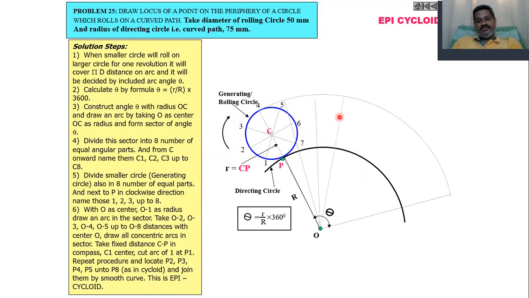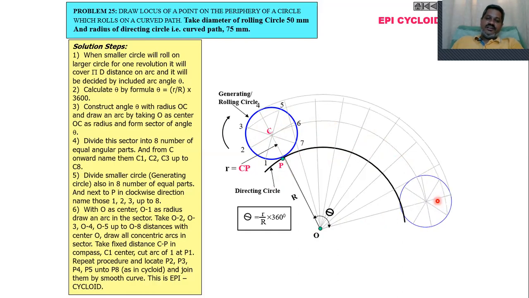After dividing the sector into 8 equal divisions like this, draw the concentric circles from the divided points on the generating or rolling circle. First, draw the concentric arc, that is, the arc concentric to the directing circle, from the center point of the generating circle up to the end line of the sector.